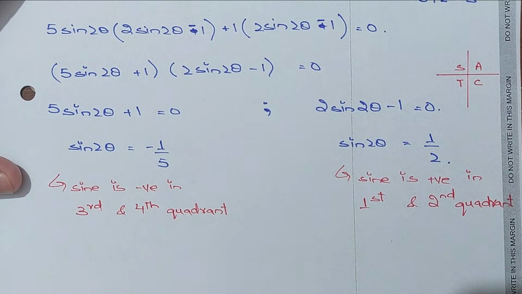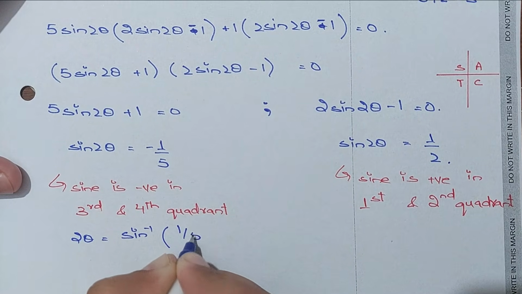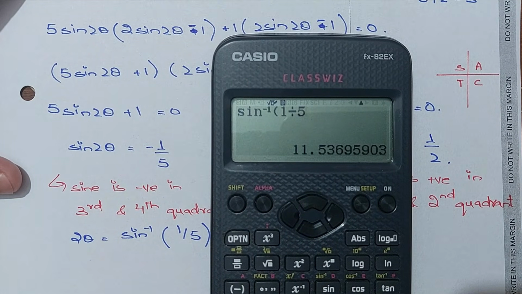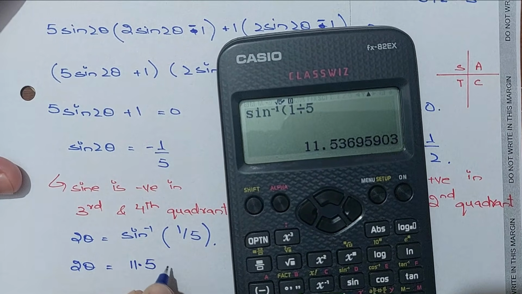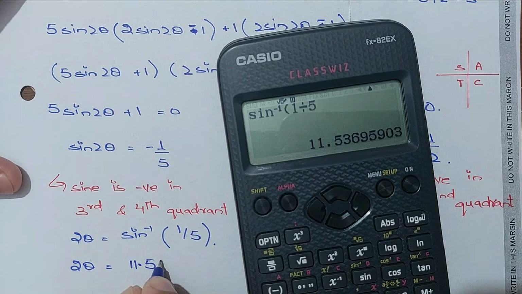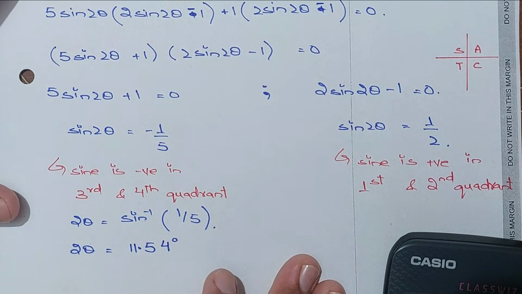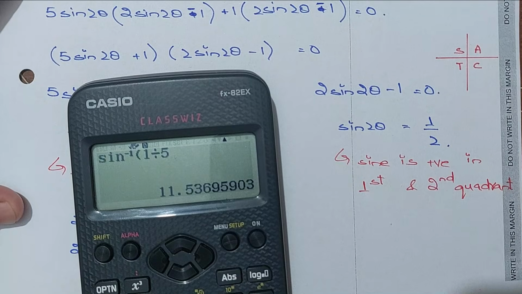All right, so let me simplify. So 2 theta would be sine inverse of 1 by 5. This is in degrees. My calculator is in degrees. Sine inverse 1 by 5 is equal to this much. So 2 theta would be 11.54 if I round it, in degrees. Now for the third quadrant, what is the operation? 180 plus this value.